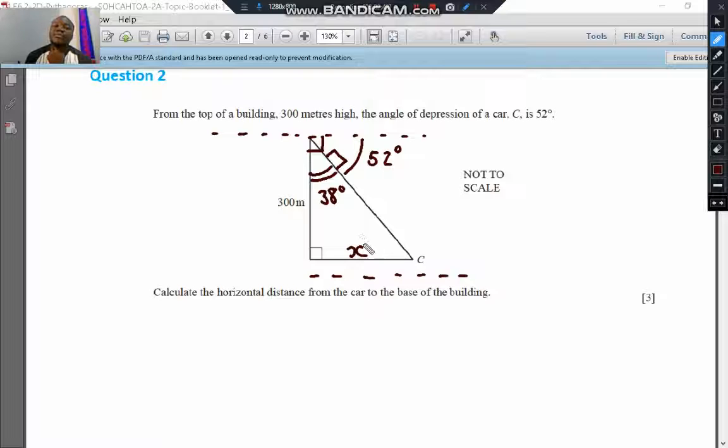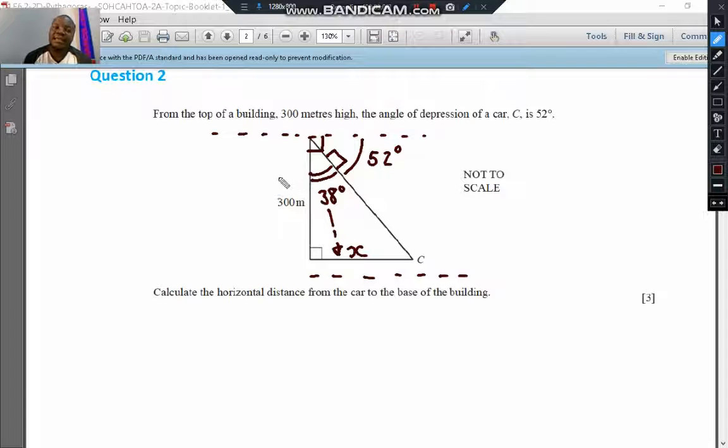All right. So what we need to do now is to look at the sides that we've got and the angle that we have. With reference to 38 degrees, you know that the side that they want us to find now would be the opposite side. All right, and then this side, which is 300 meters, how long the car is from the bottom of the hill or whatever, 300 meters.